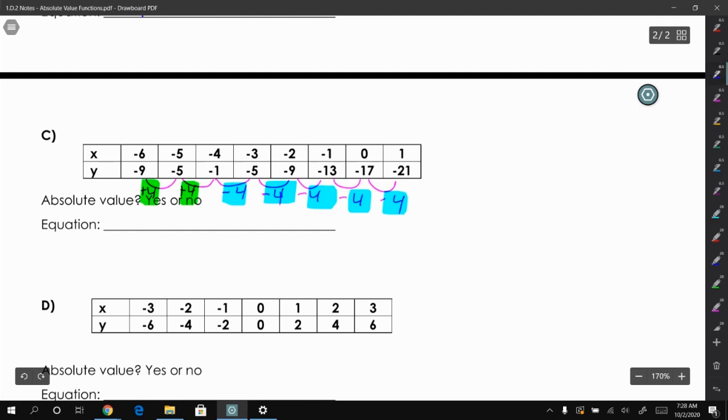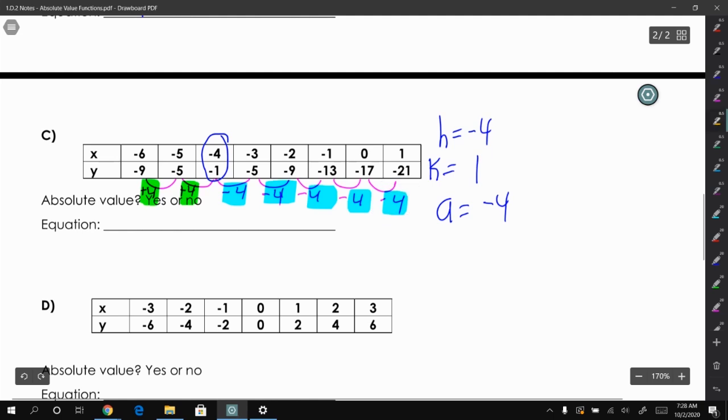So this is an absolute value function, and the vertex is right here where we change. So my h value is -4, my k value is +1, and my a value is -4, because that's where we ended off right here.